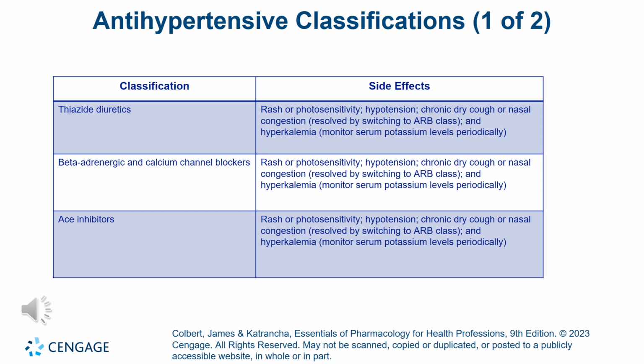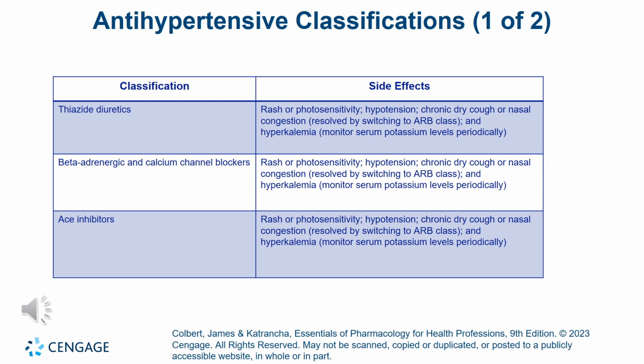Thiazide diuretics. Most patients that meet criteria for drug therapy should be started on thiazide type diuretics, and they can be prescribed either alone or in combination with a drug from one of the classes: the ACE inhibitors, ARBs, beta blockers, or calcium channel blockers. These are usually effective and have fewer side effects.